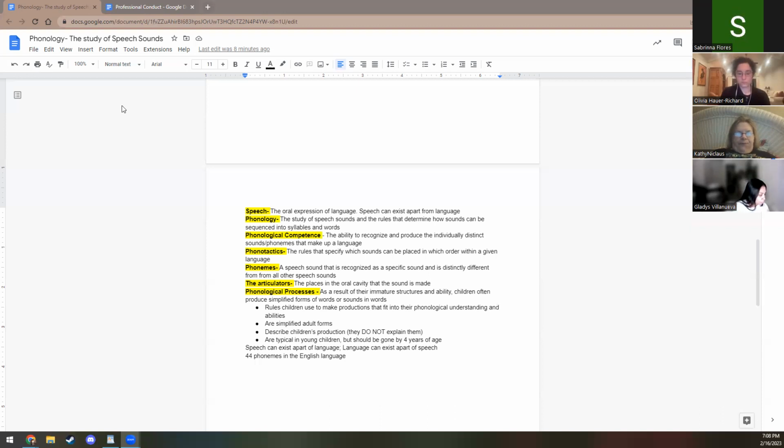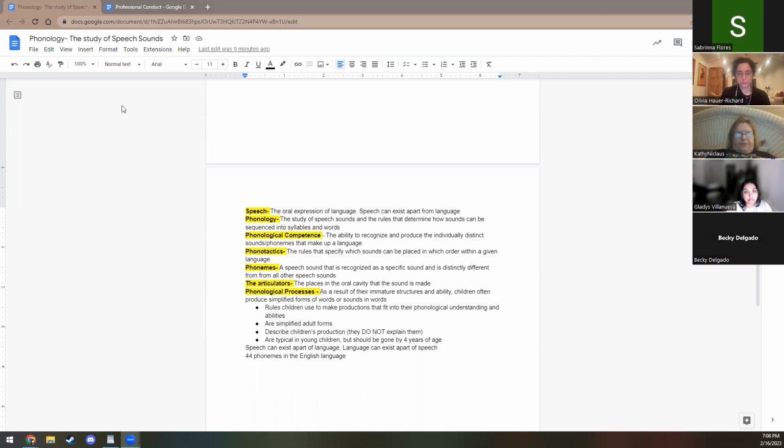Then you got phonemes, which is a speech sound. And then your articulators, which are your oral cavity, and sound is produced through the articulators. You got phonological processes. As a result of their immature structures and abilities, children often produce simplified forms of words or sounds in words. Phonological processes are rules children use to make productions that fit their phonological understanding and abilities.